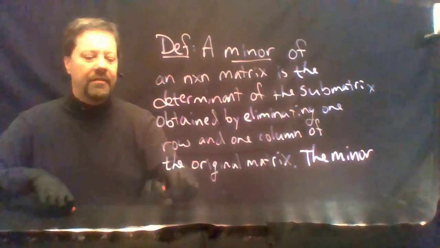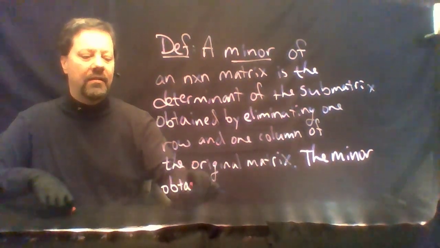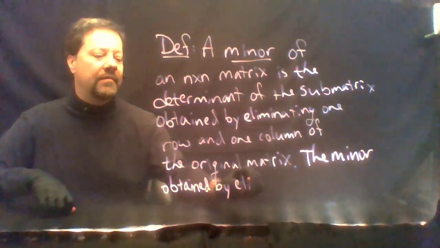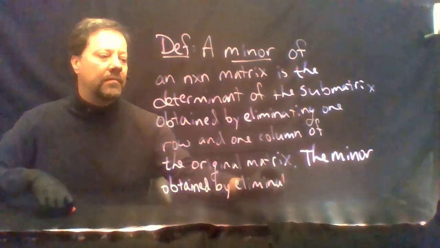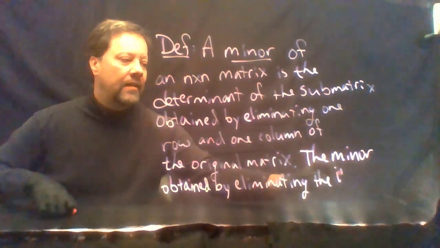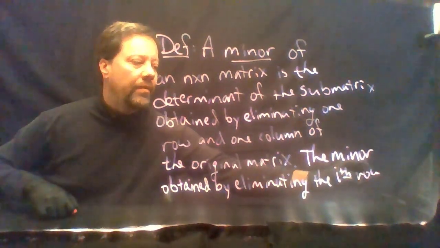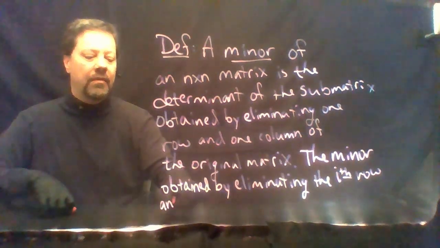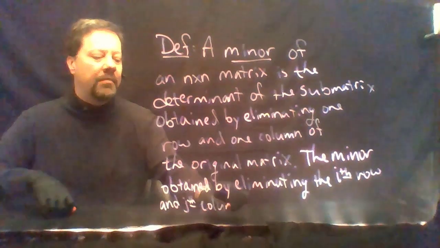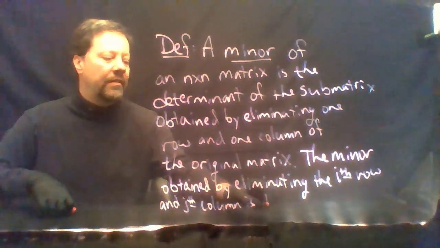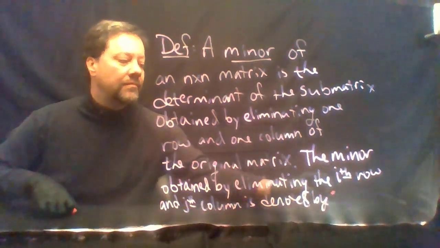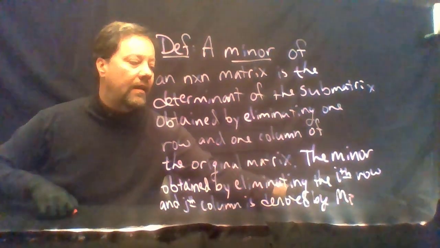The minor obtained by eliminating the ith row and jth column is denoted by Mij.